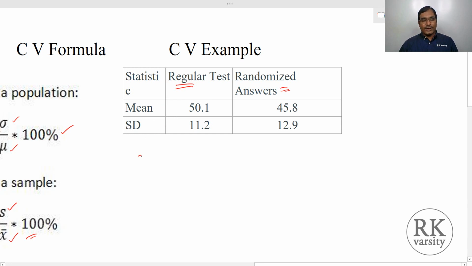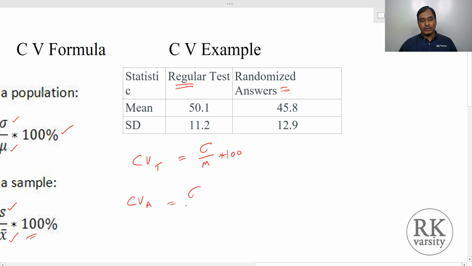coefficient of variation. The first one, the coefficient of variation of a regular test, I'll indicate as T, and the second, the coefficient of variation of randomized answers, we indicate as A. Our formula is standard deviation upon mean times 100.